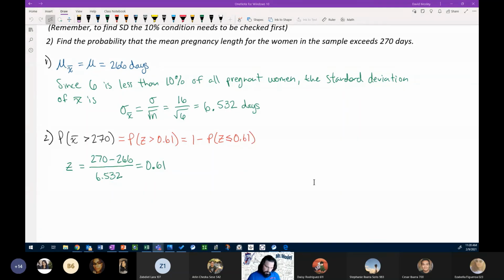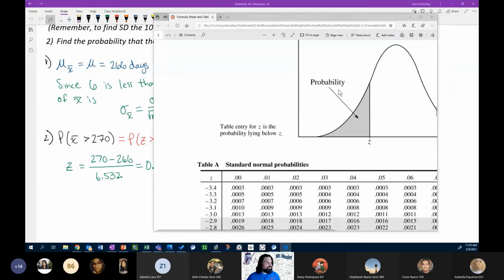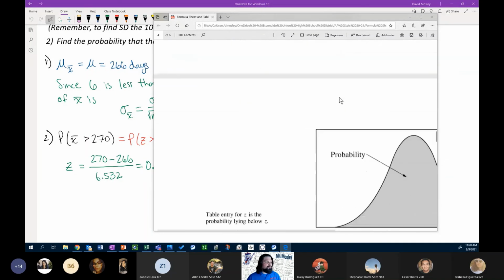Okay, so we go to table A, which I have over here, and we need to find 0.61. The first part of the table is all negative.